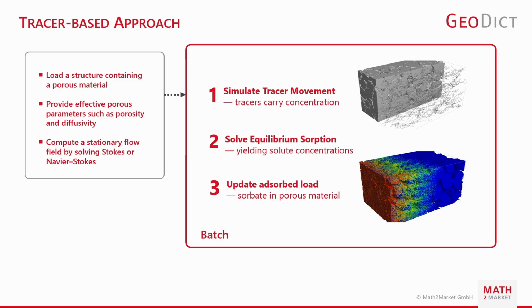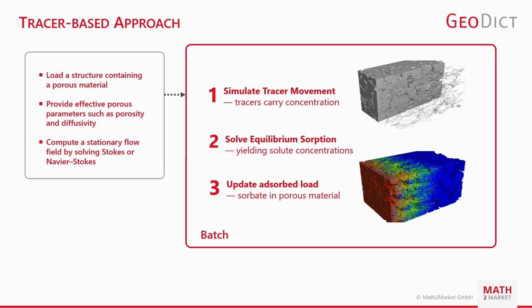They carry a concentration, and as soon as they hit the surface of the porous material, they either lose concentration in the process of adsorption, or they gain concentration in the process of desorption. In the next step, we solve the equilibrium, and then we update the adsorbed load. So this is one batch, and we loop it over time batches.